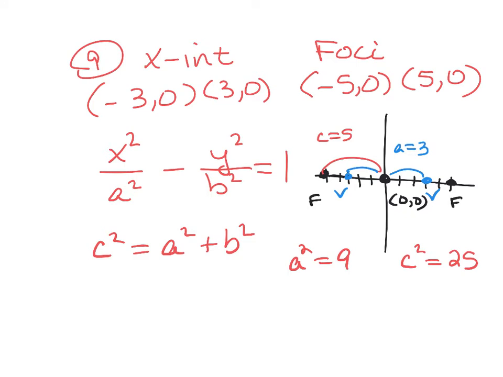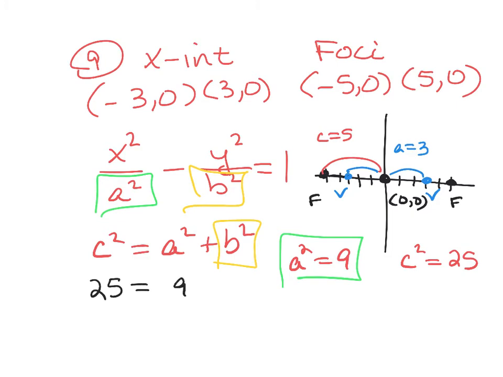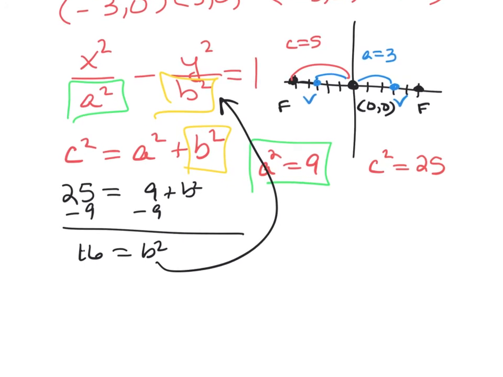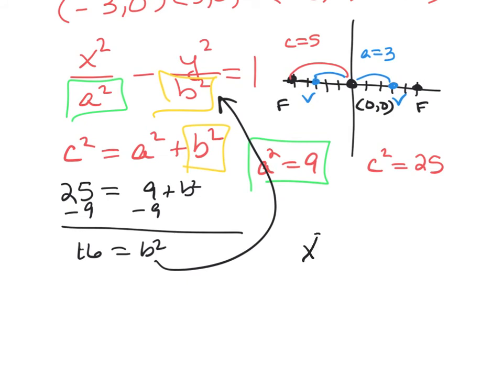I already have a squared, but I need to find b squared. 25 equals 9 plus b squared. Subtract 9. 16 equals b squared, and that's what I need to fill in. So final answer, x squared over 9 minus y squared over 16 equals 1.